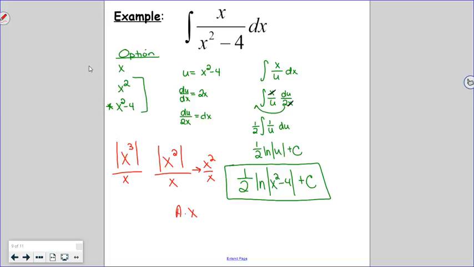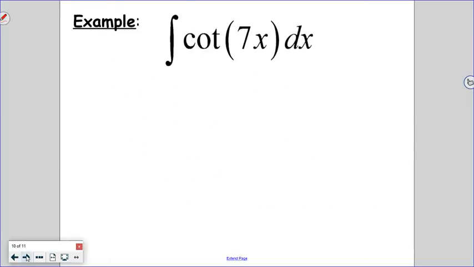So, okay, the last one we need to talk about is this. Integral of cotangent of 7x dx. Now, as we start doing this, again, I might have a lot of trial and error on my assignment, and that is okay.